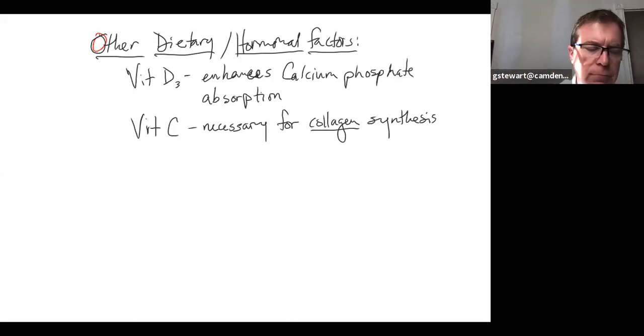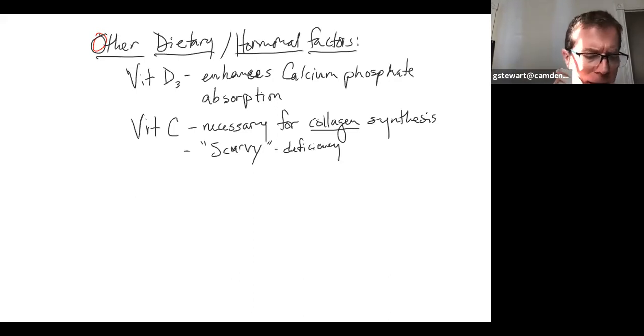I don't know if any of you have ever heard of scurvy. It's not talked about very much anymore because it's not that common. Scurvy is a disease, SCURVY, and that's a vitamin C deficiency. And when we have that vitamin C deficiency, it causes a loss of bone mass.